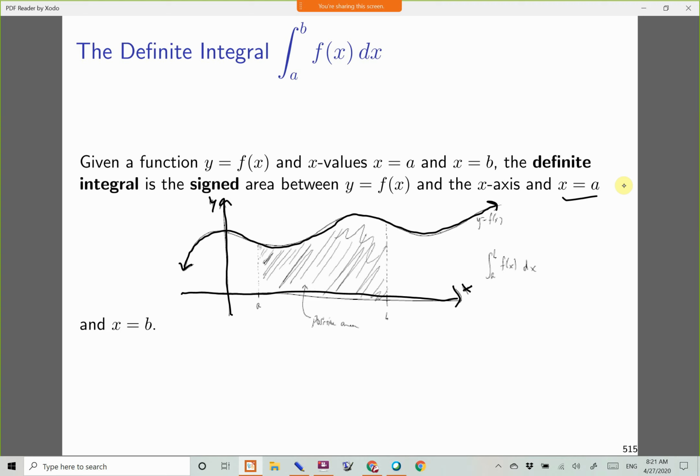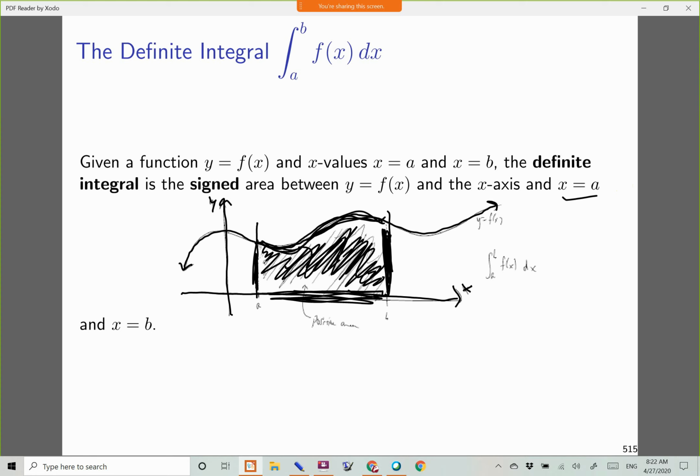So there's this vertical line here, x equals a, and then there's the other vertical line here, x equals b. And so this region, what's the area of that? How much paint do you need to cover that region? And you'll notice this is strange because it's curvy right at the top. There's a completely straight vertical side here, and a completely straight vertical side there, and a completely straight horizontal side there, but there's this one curvy side here.